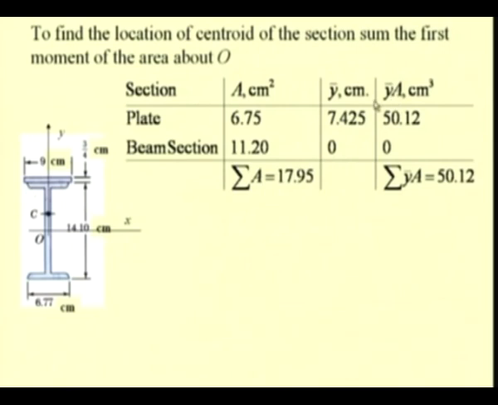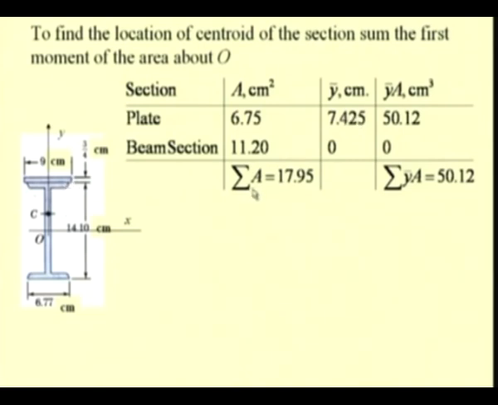and for this thin plate also the first moment is 50.12 for the plate and 7.425 for this plate. This quantity can be found by parallel axis.